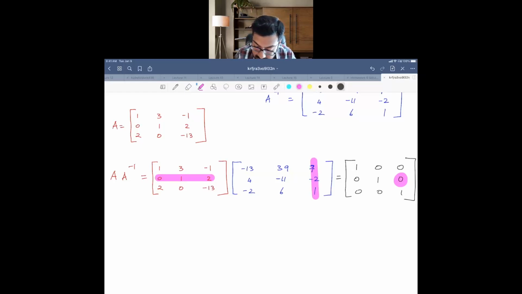So what do I have? I have 0 times 7 plus 1 times -2 plus 2 times 1, and you can see that it'll go to 0. And similarly, all of the other entries will be satisfied as well.